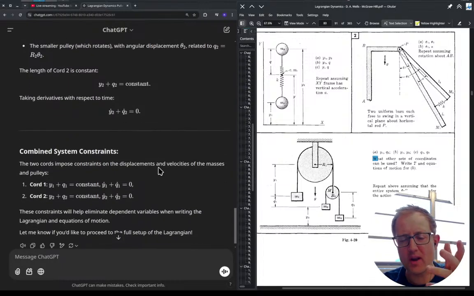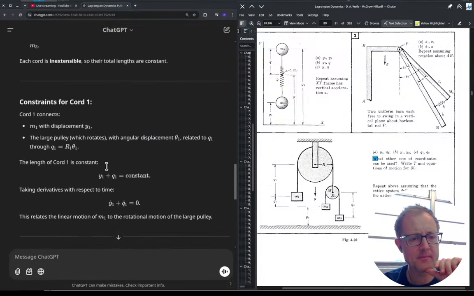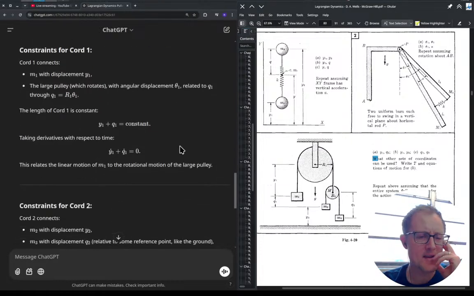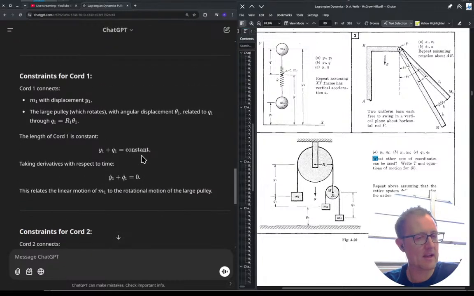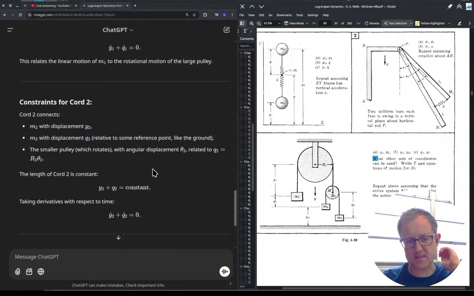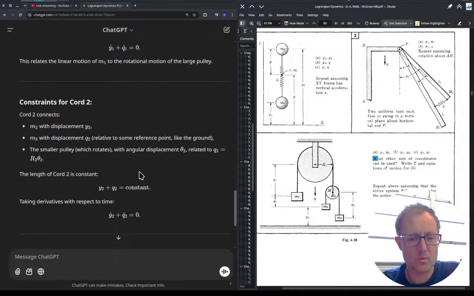I think it's trying to set up equations based on how chords are normally defined. Because here we're taking a picture of what looks like a physics problem and sending that through a transformer, and we're getting results that seem right, like it's setting up constraints, taking derivatives, but it's not really giving us what we want.